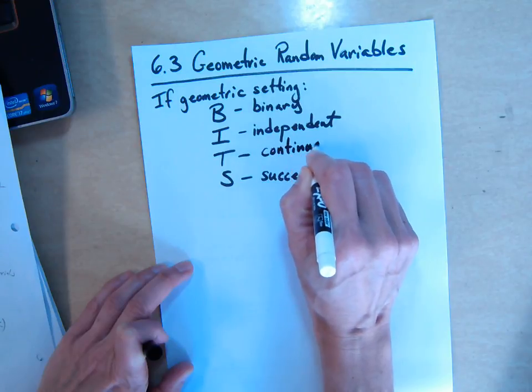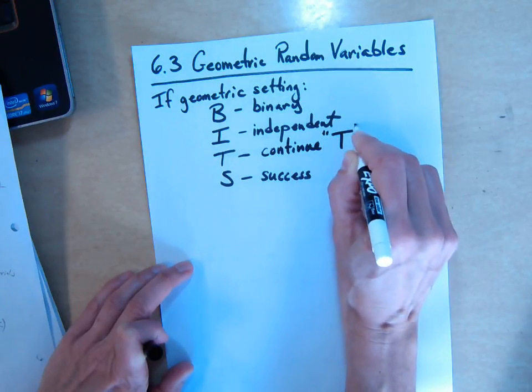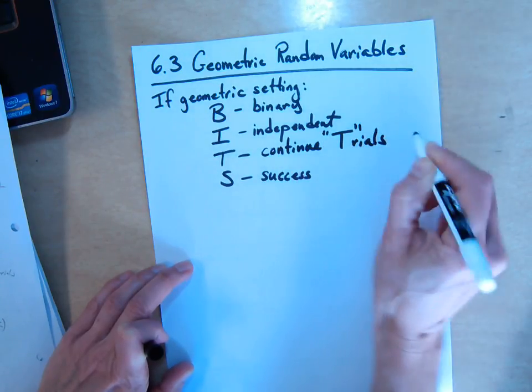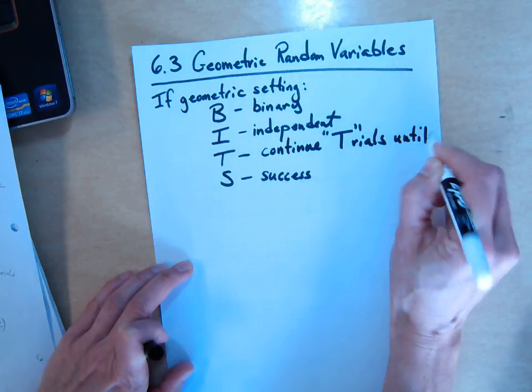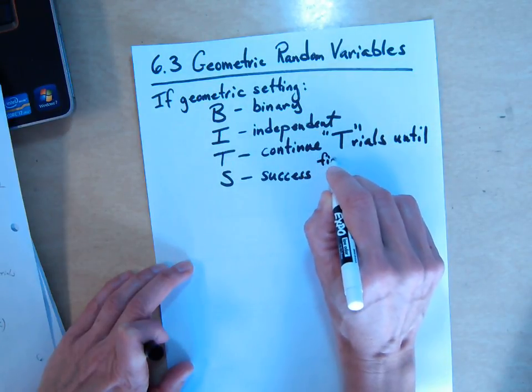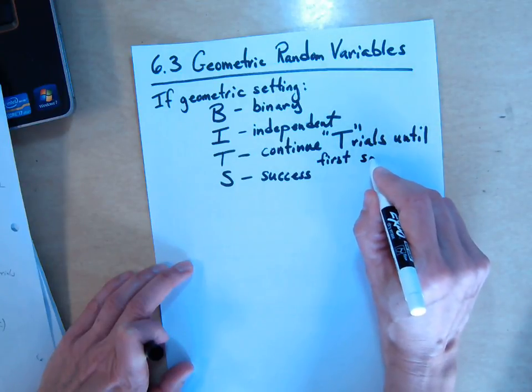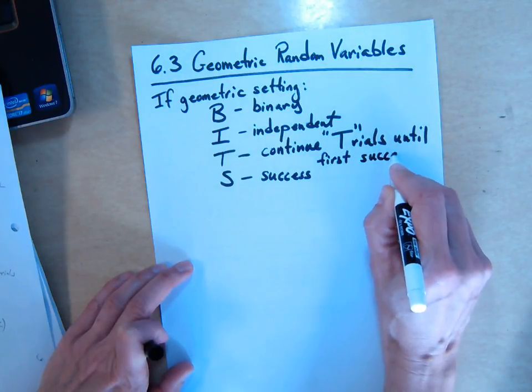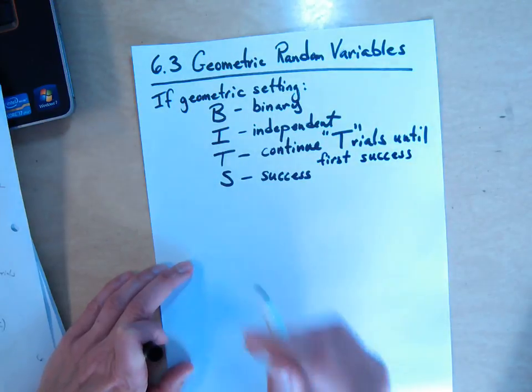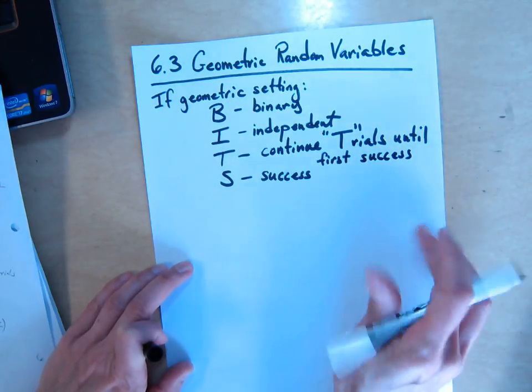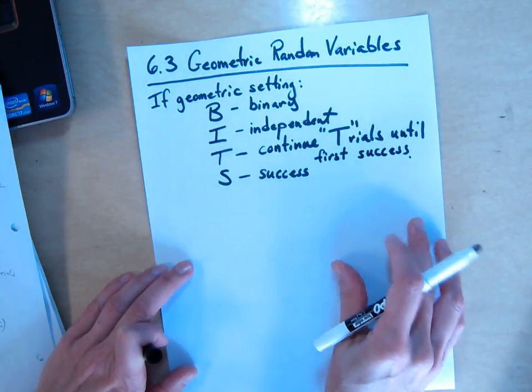That's how I'll say it. T is for trials. Continue your trials until you have your first success, and that's what you're interested in the probability of. So I'm going to keep shooting baskets until I make one. That would be a kind of geometric setting. You're going to continue until you make the success.